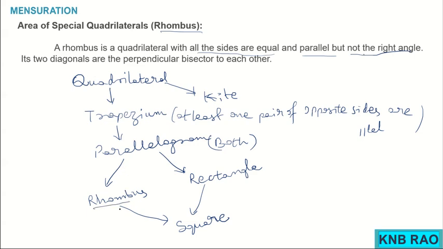Okay. In a rhombus the diagonals are not equal, as the diagonals are not equal in a parallelogram. Okay. Then if each angle or any one angle is a right angle, which automatically makes all the angles right angles, it gives a special parallelogram called a rectangle. Okay.